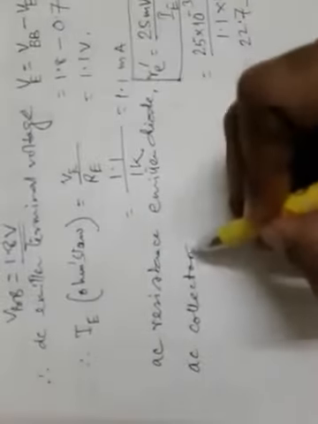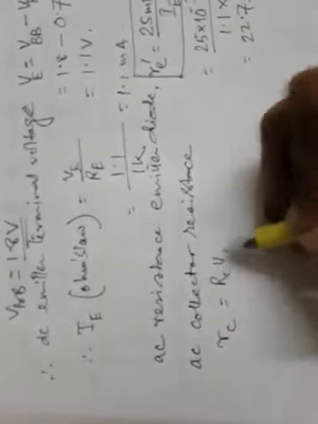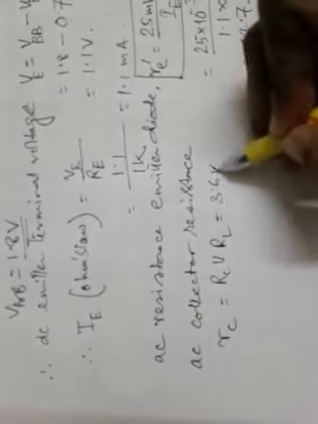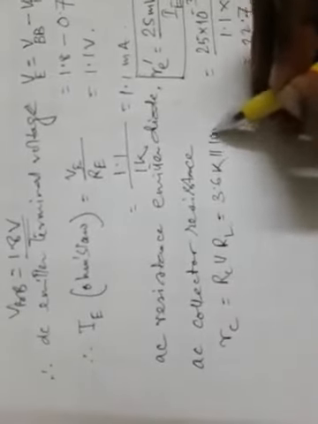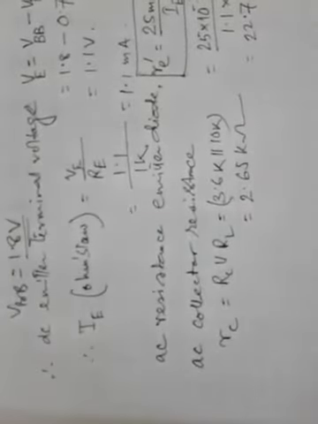We have already calculated Re dashed, so the AC collector resistance RC is capital RC parallel with capital RL, that is 3.6K parallel with 10K, and this is 2.65 kilo ohm.